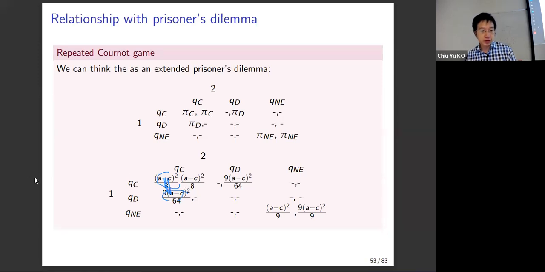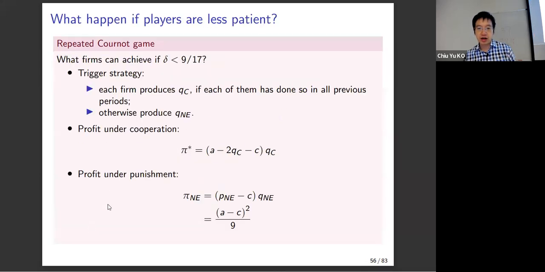So instead of sharing the monopoly profit, everyone produces slightly more than 1/4, but not as much as 1/3. 1/3 is already the Cournot quantity, and 1/4 is sharing the monopoly, so it's somewhere in the middle. We don't know what the number is yet, but call it QC.